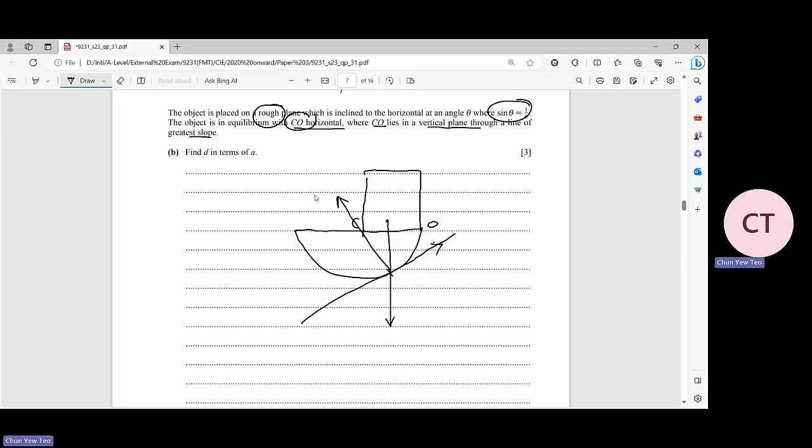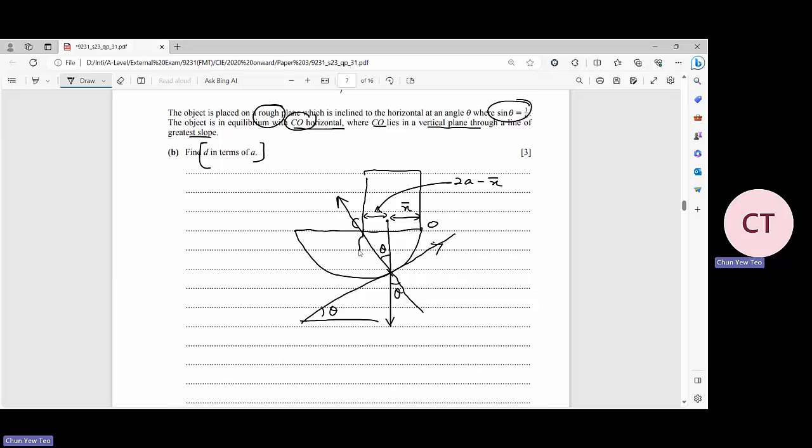We just want to know what is the d in terms of a. Okay, so from here, we know that this is a theta. Then this is a 90 degree because it's tangent, right? So that means this will be a theta. This is the bar x. Then this will be the 2a minus the bar x.